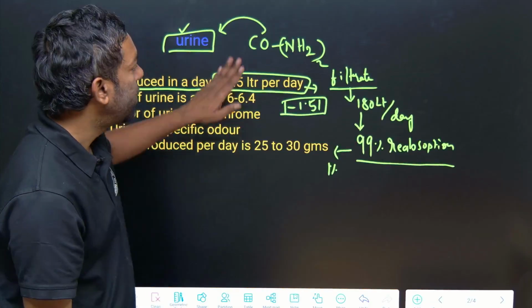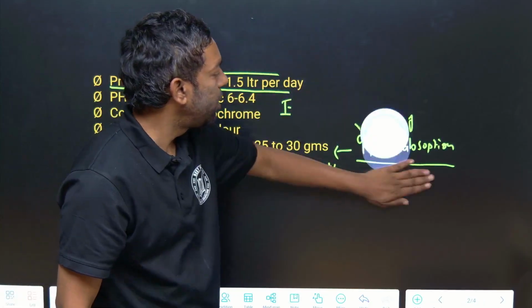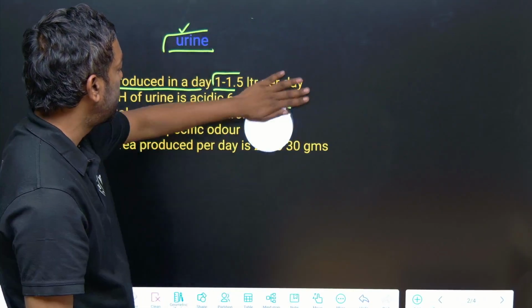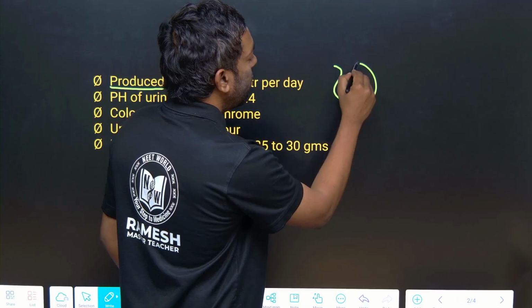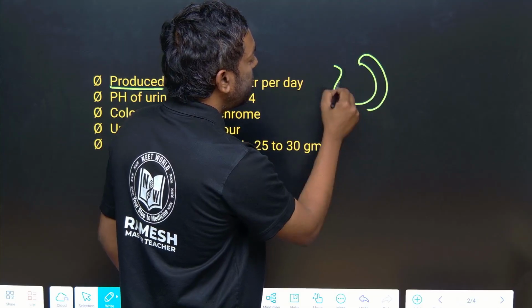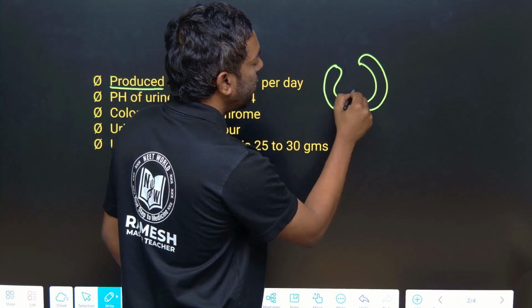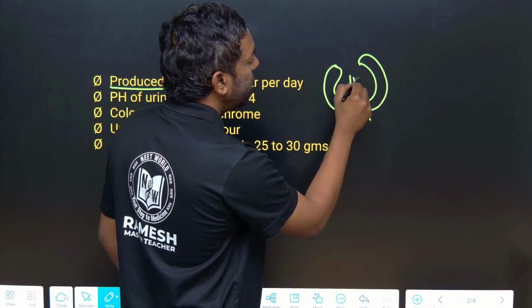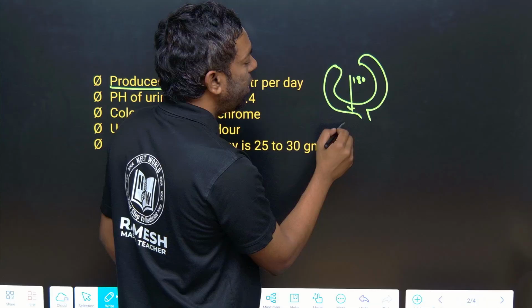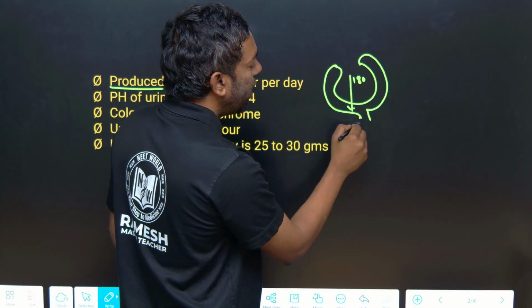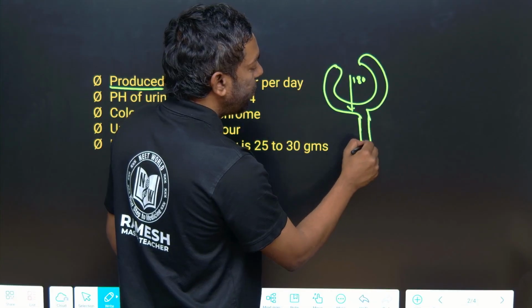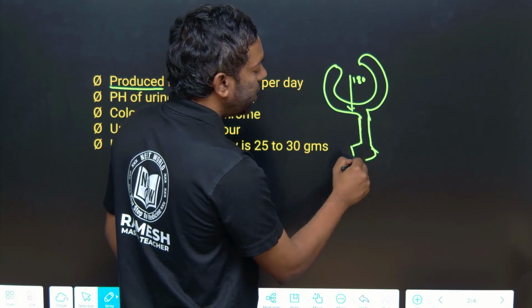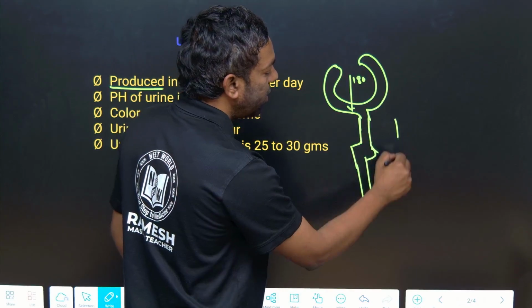Where is the reabsorption going to take place? In the renal tubule. This is the Bowman's capsule. 180 liters are filtered every day, and this is the lumen of the nephron, the PCT and lumen of the nephron.